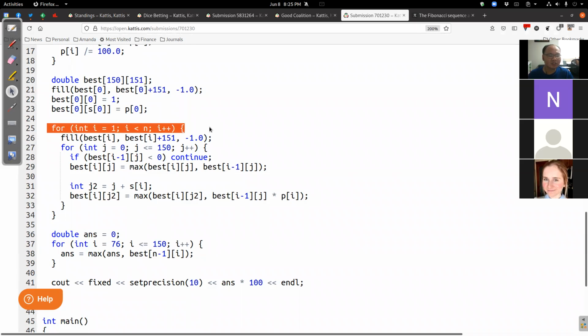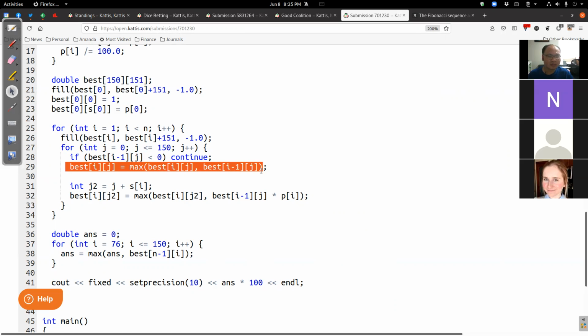Then I just go through each more party, and each possibility, each capacity. If I can use one fewer item and form that sum, then I can decide either not to use the new party, or to use the new party.